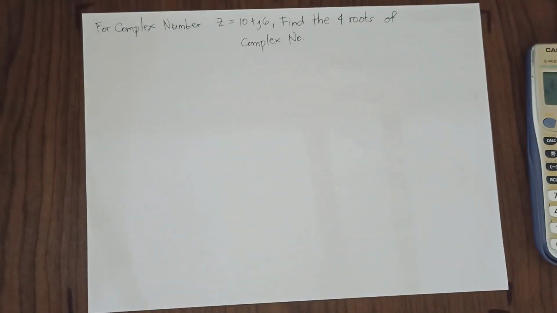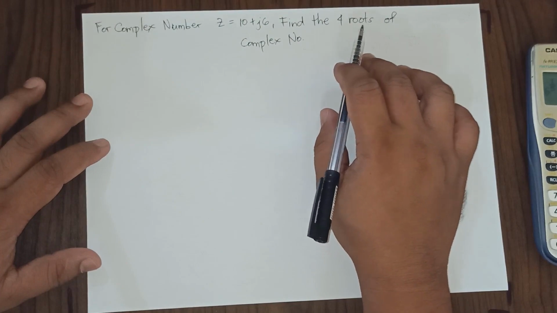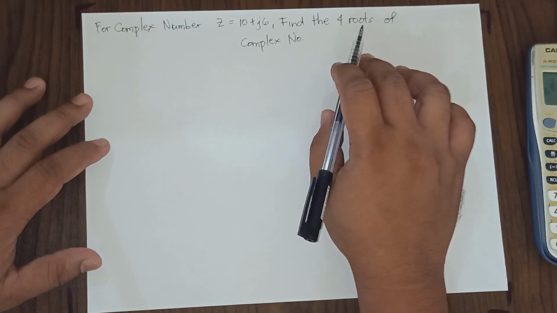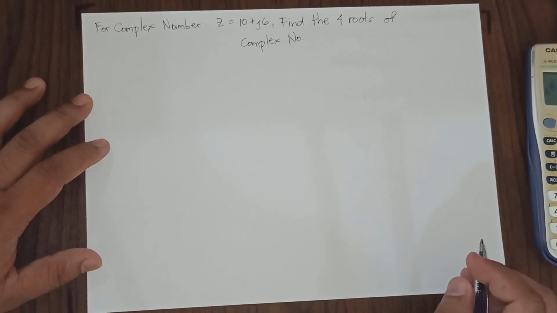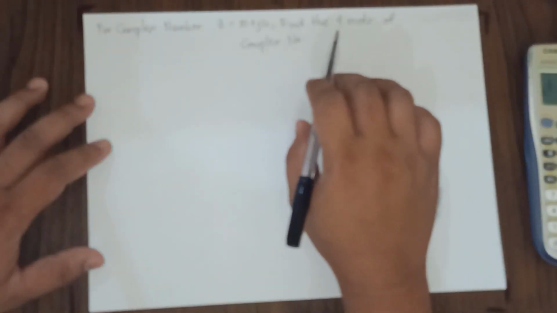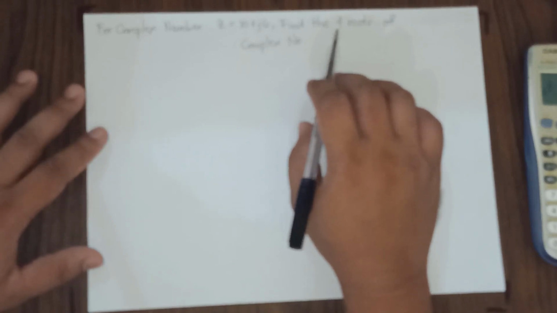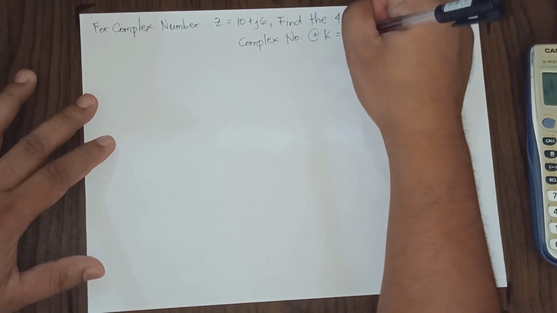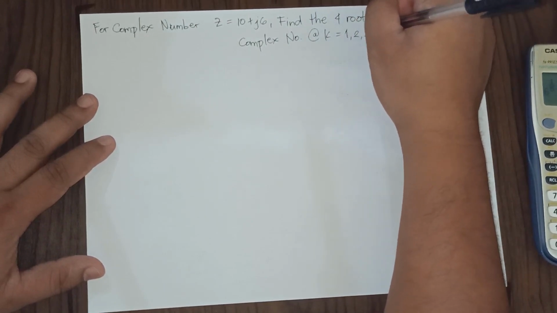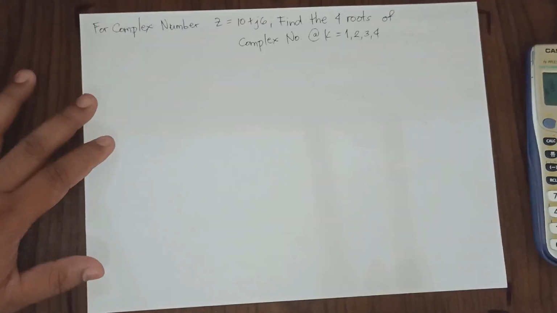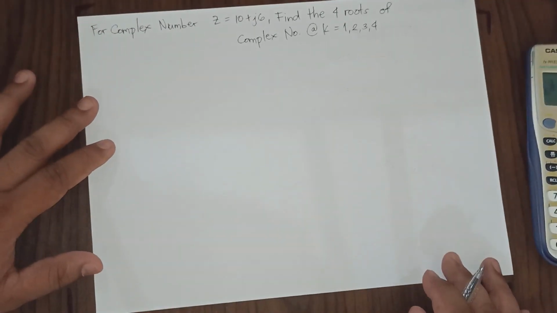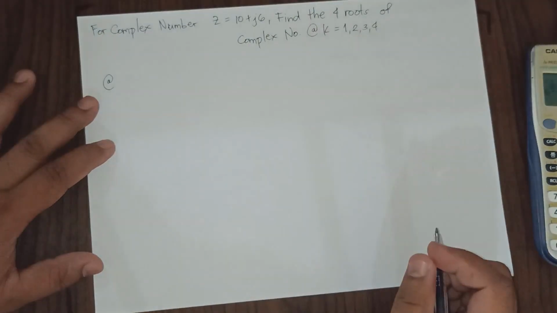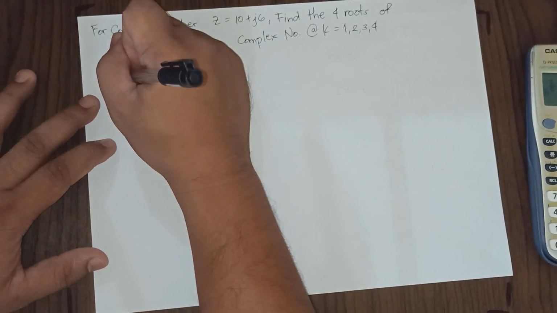When the question is like that, it means four roots of the complex number, you start from the square root, cube root, fourth root, fifth root. And then k is given, k is equal to 1, 2, 3, 4. So it's just like this.